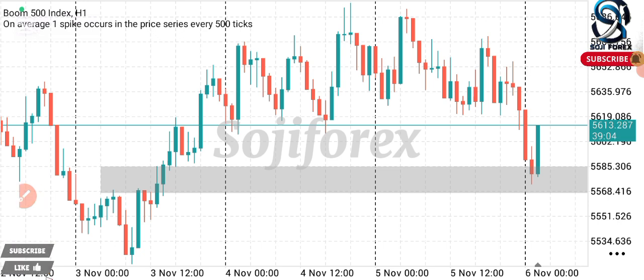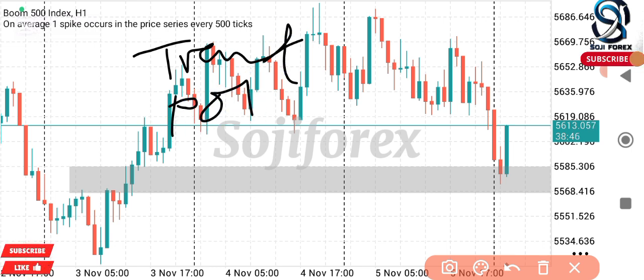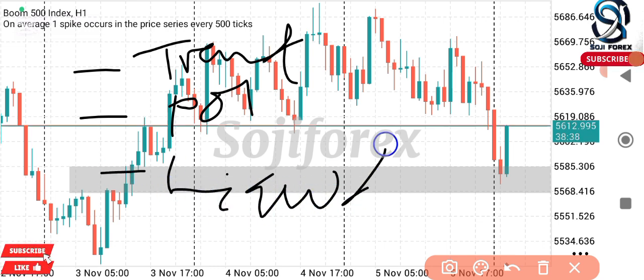So this brings us to the close of considering our point of interest for now. If there are additional points of interest in the subsequent video, we will be looking at that. So we'll have our checklist, which is the trend, and then we'll have our point of interest, which is our POI. So the third thing we are going to consider in the subsequent video is liquidity.